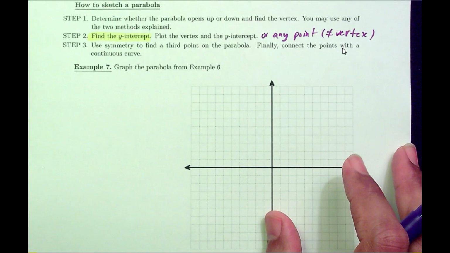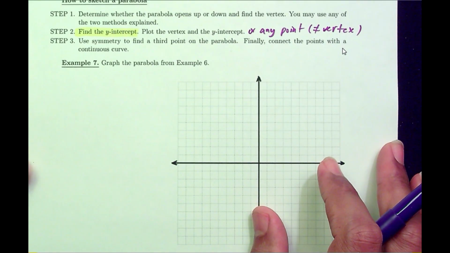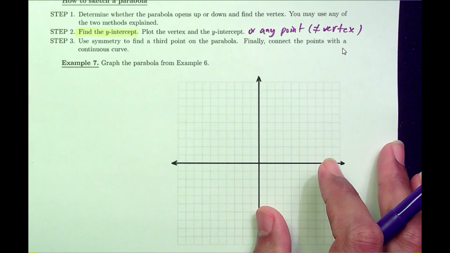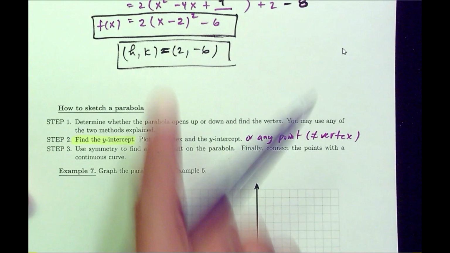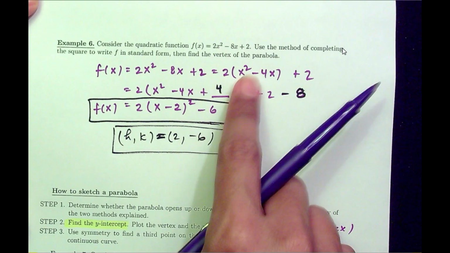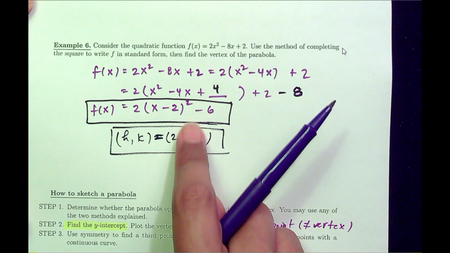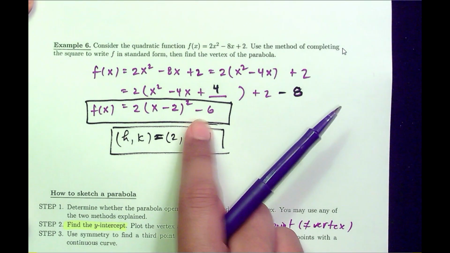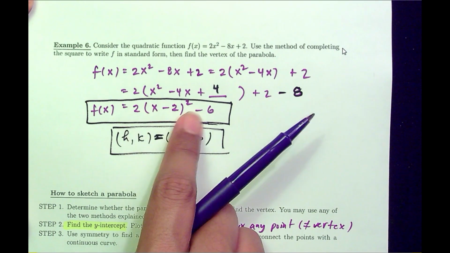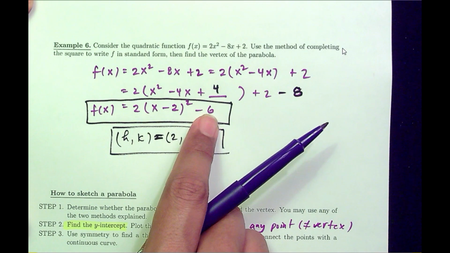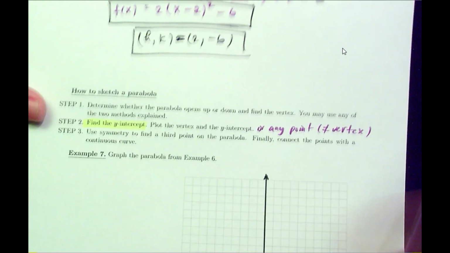So here's how this works. We're gonna graph the parabola from example 6, which is this one right here. I'm gonna use this version, the standard form. It's kind of nicer.